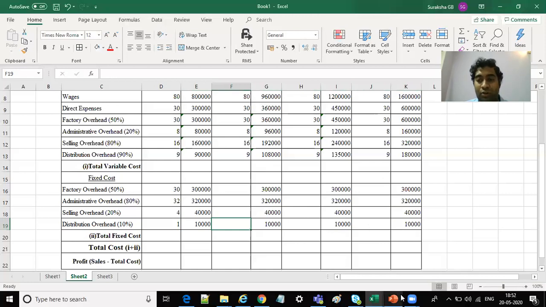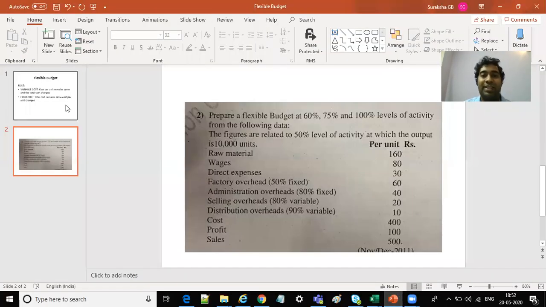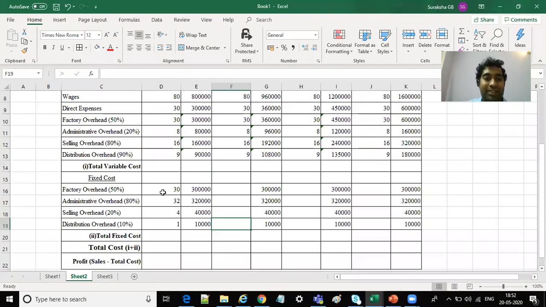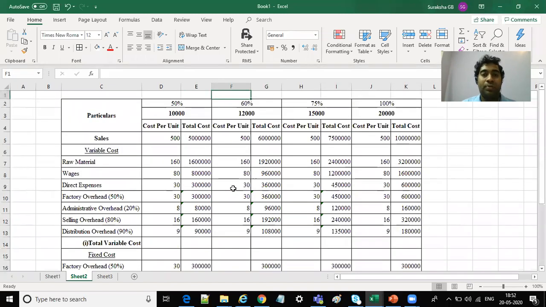So I'll go back to the rule. The rule says total cost remains the same, cost per unit changes. You can see here, total cost is remaining the same at all levels. Now we need to calculate the cost per unit.